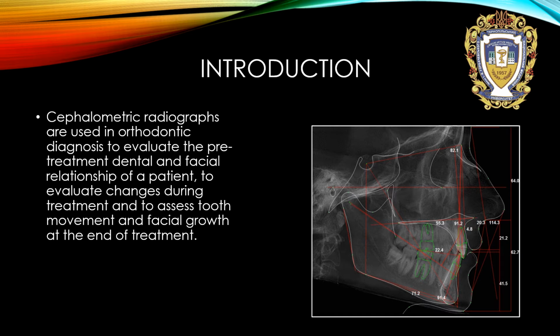Cephalometric radiographs are used in orthodontic diagnosis to evaluate the pre-treatment dental and facial relationship of a patient, to evaluate changes during treatment, and to assess tooth movement and facial growth at the end of treatment.